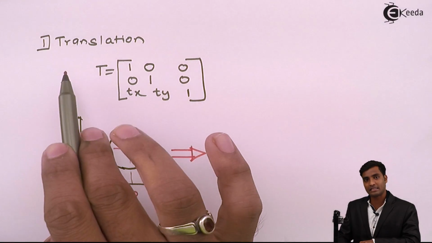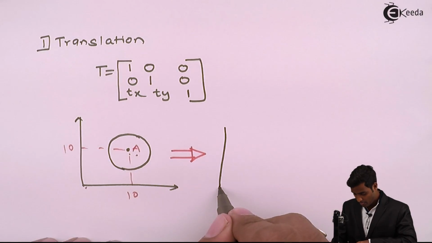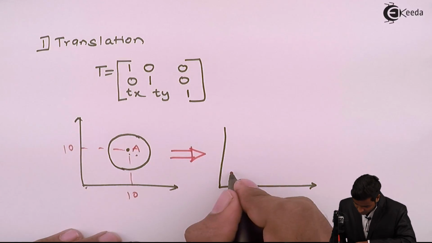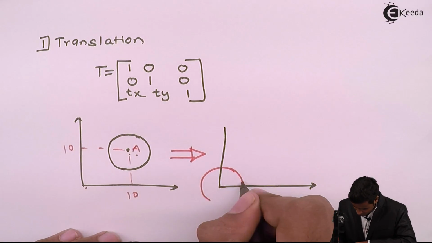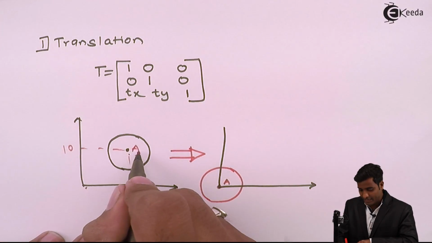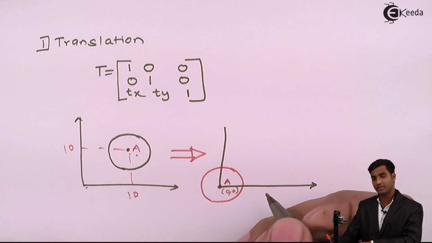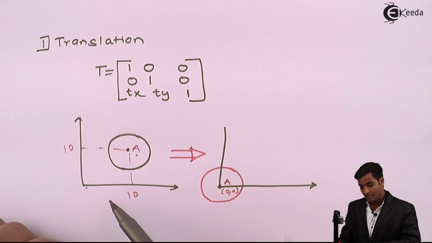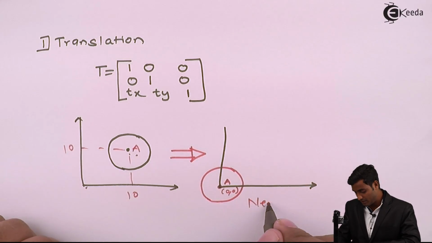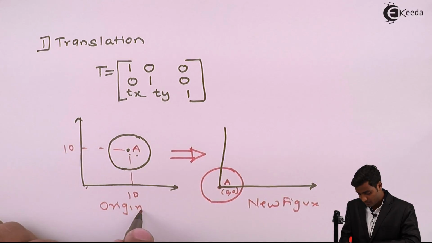After performing this translation transformation, the coordinate of A, which was 10, 10, will become 0, 0. After applying this transformation, the new figure will be this, and this will be the original figure.